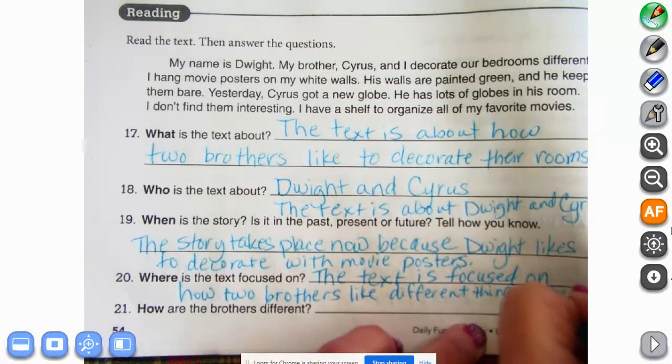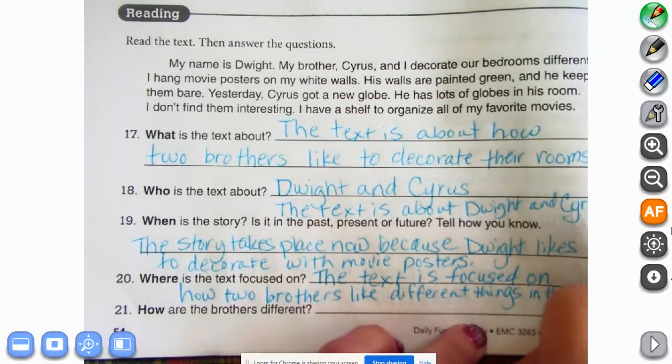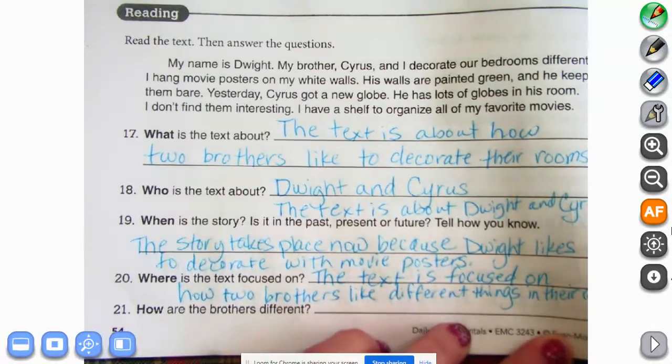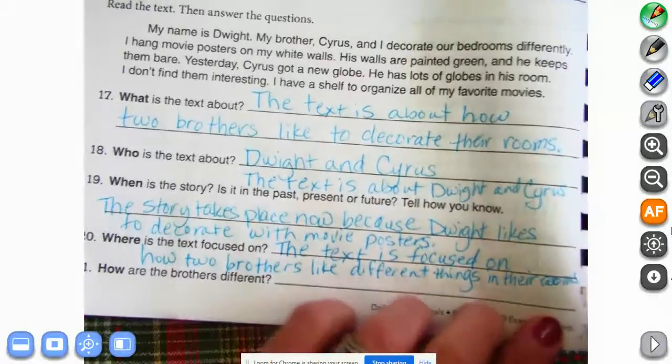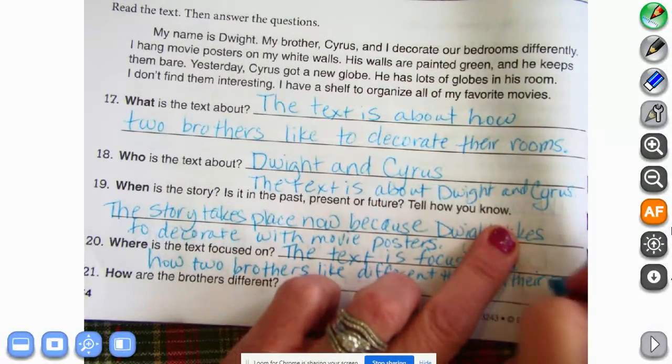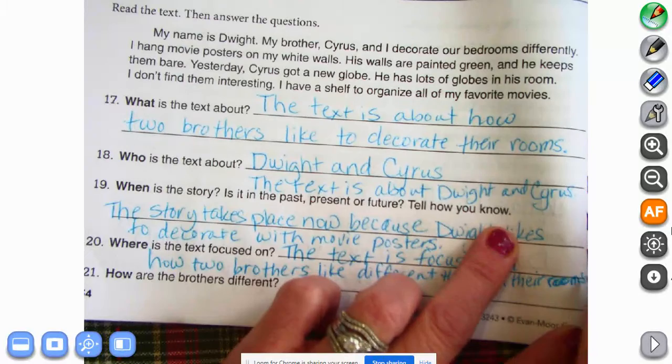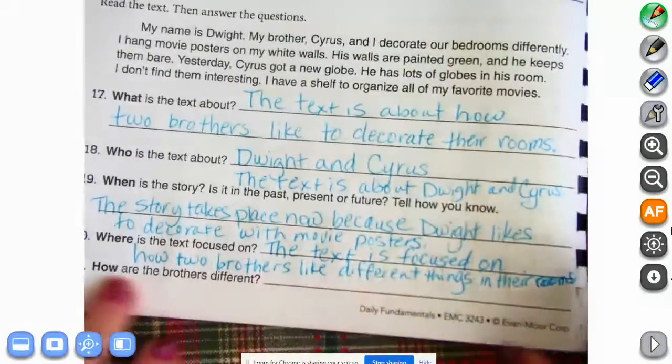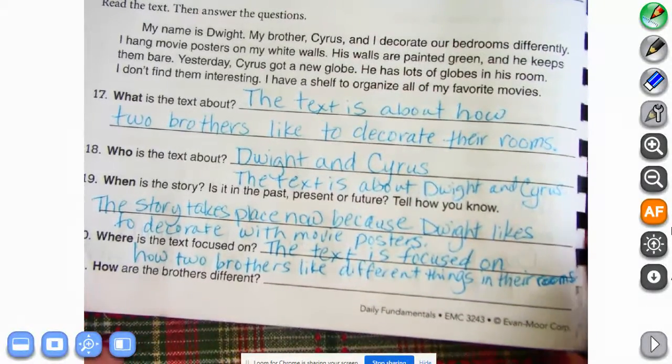I'm going to run out of room, aren't I? There's a little hump right there, so it took my own word. Period. Okay. How are the brothers different?